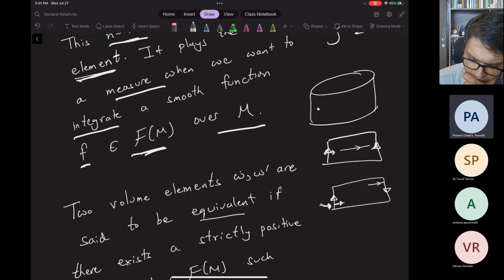Like in the case of the cylinder, assuming right-handedness of the coordinate axes, when I'm looking from outward, my cross product will be directed in one direction, and if I'm looking from inside, then the cross product of these axes will be directed in the opposite direction. So, can we do this with a Mobius strip in some higher dimension?